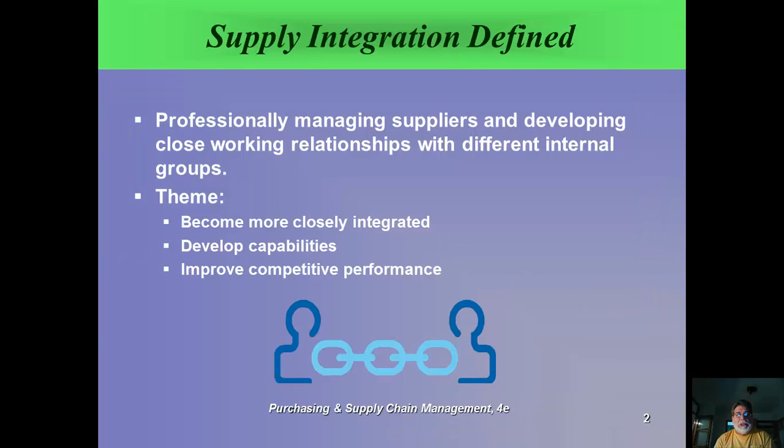Now, supply integration, which is the way the textbook refers to it, is defined as professionally managing suppliers and developing close working relationships with different internal groups. It's not just outside, it's also with inside that we need to improve relationships. We need to become more closely integrated internally and externally, which would lead us now to be able to develop new capabilities, to be able to source the kinds of products we need, the technology, the design abilities, and so on of our suppliers.